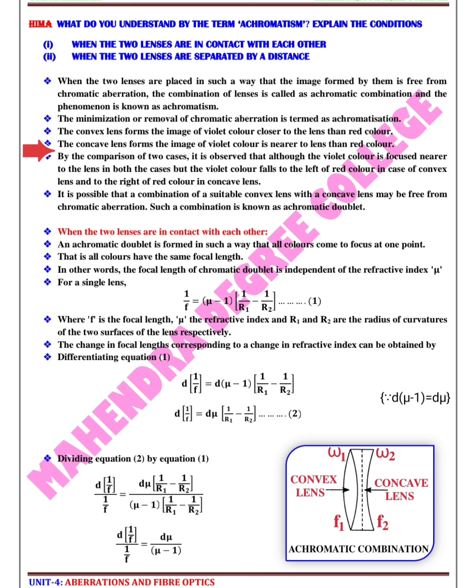By comparison of the two cases, it is observed that although the violet color is focused nearer to the lens in both cases, the violet color falls to the left of red color in the case of a convex lens and to the right of red color in a concave lens.